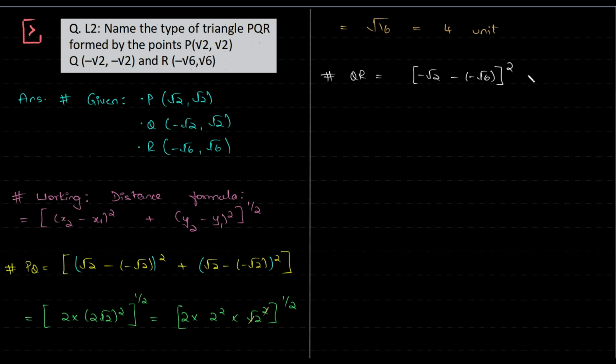Then we have plus, this is minus root 2, or I'll take plus root of 6 and on the other end minus plus root of 6 minus root 2 the whole square, and this is the square root of this.